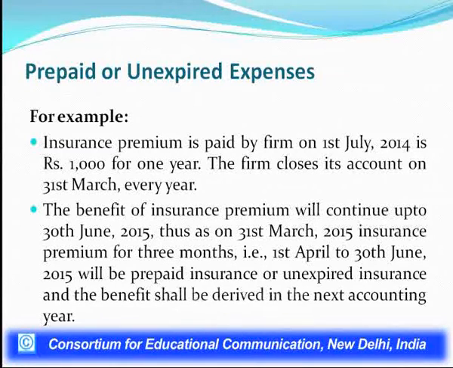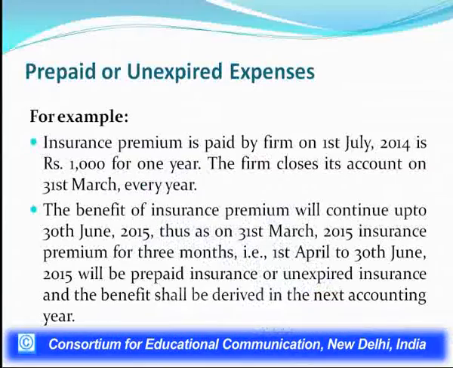So, on 31st March we need to calculate on our own, although the adjustment may not be given clearly in the question. Even then, because the date is mentioned, paid on 1st July for 1 year, we know that 3 months will come into the next accounting period. So, we need to calculate the prepaid insurance.